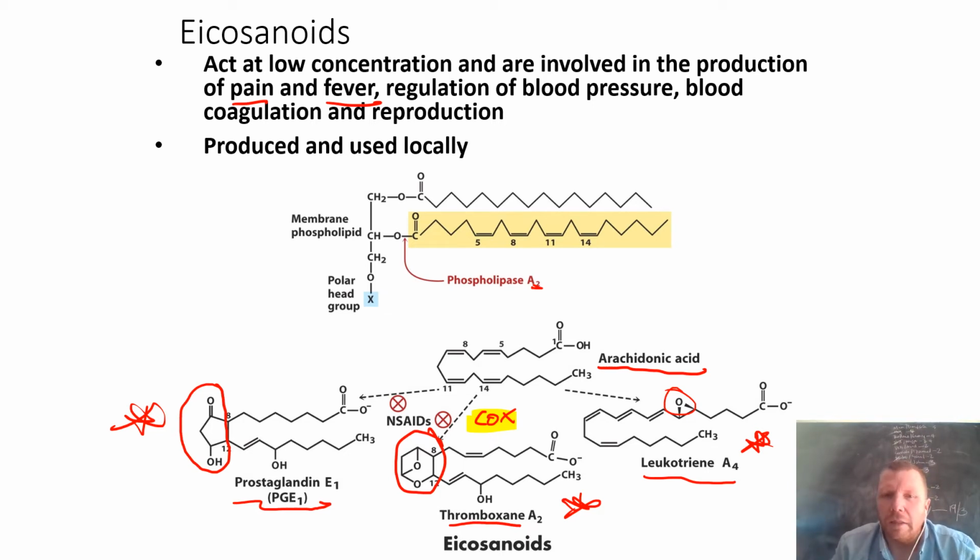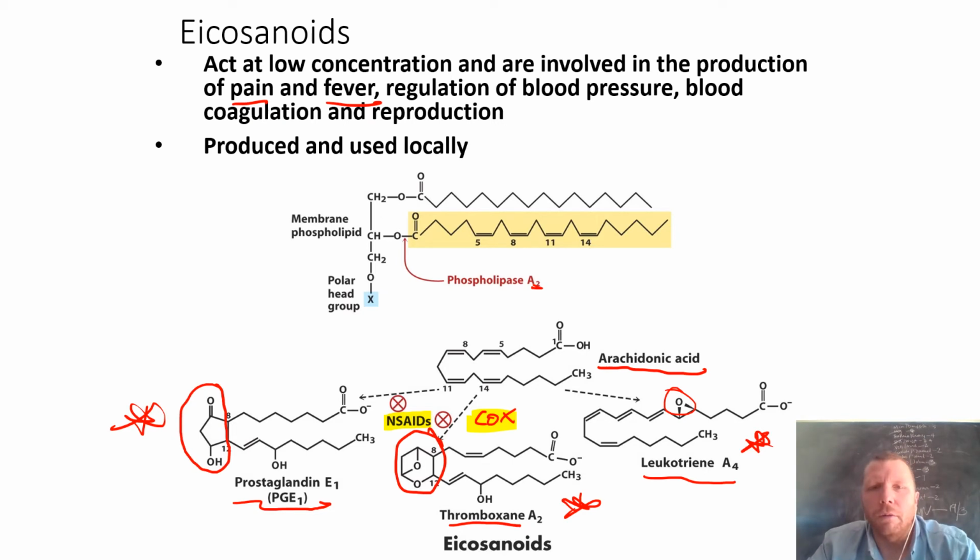So what that means is you can use drugs like non-steroid anti-inflammatory drugs, such as aspirin, to block these enzymes. If you block that cyclooxygenase enzyme, then you block the production of prostaglandin E1 and thromboxane E2, and therefore you're not going to develop any sort of fever.